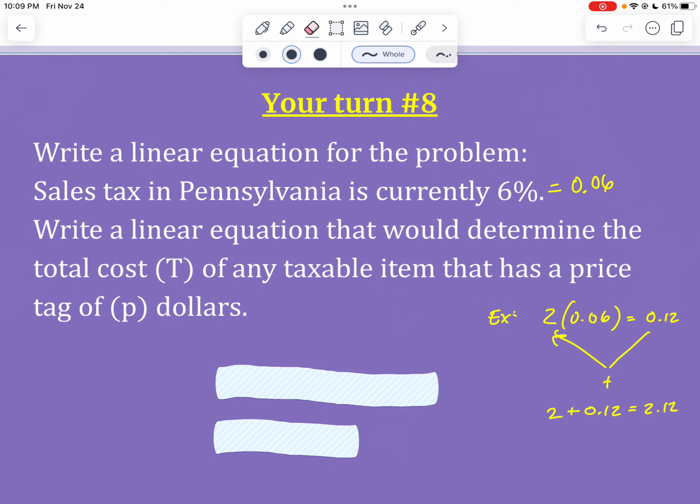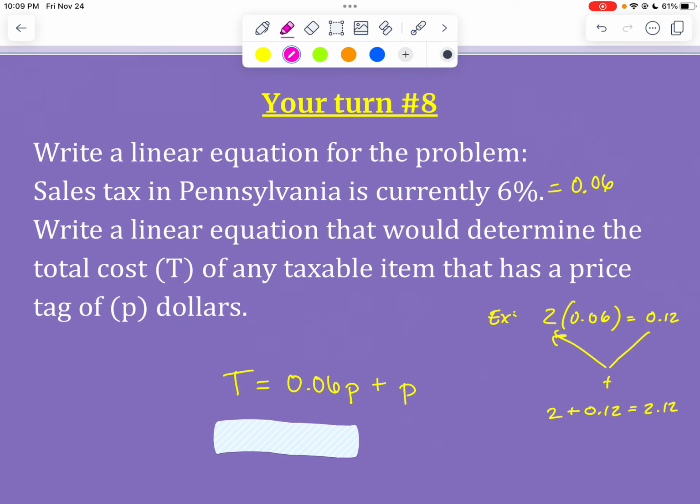We want to write an equation that's generic, that we can use for any item cost. So here's what we're going to do. Instead of the $2, we don't know what that $2 is. So we're going to let P equal the price tag. They told us that: the original price tag is P. If we multiply P times 6%, that's going to tell us the tax.